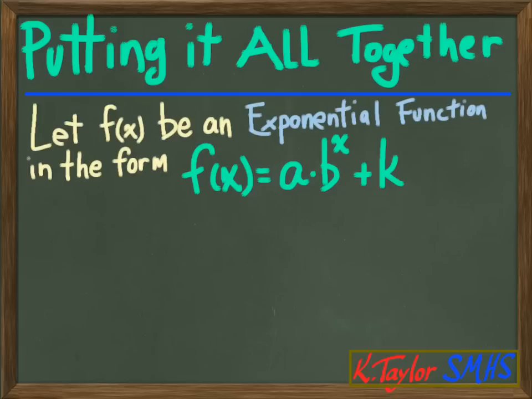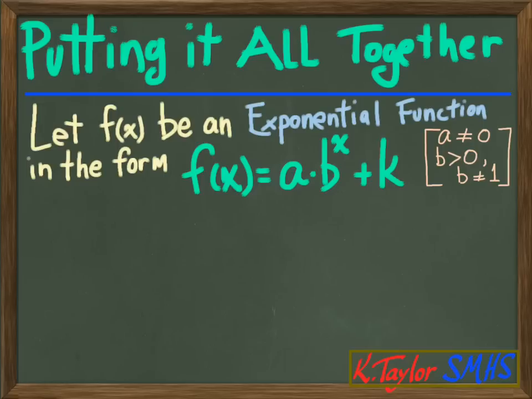A couple of restrictions to keep in mind here is that we cannot let a equal 0, otherwise we don't have an exponential function anymore. And a couple of things about b, we have to have b be a positive number, and b cannot equal 1. I can take b and multiply it by a negative number, that's okay, but I cannot let b actually be a negative number.